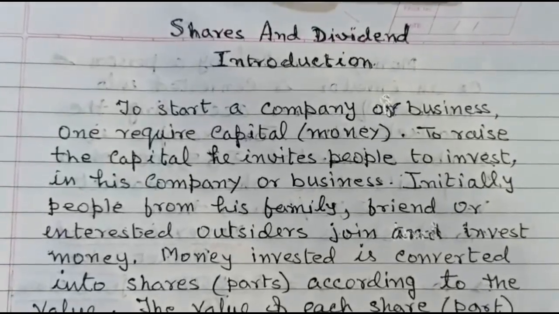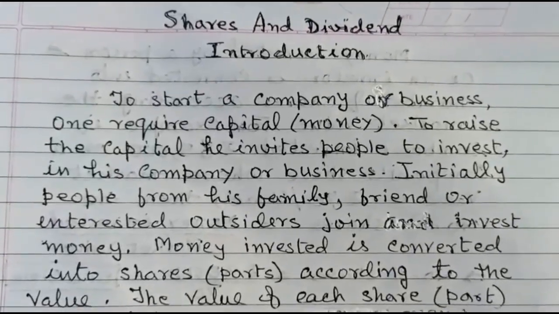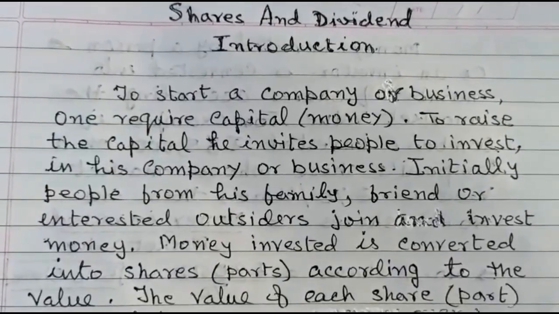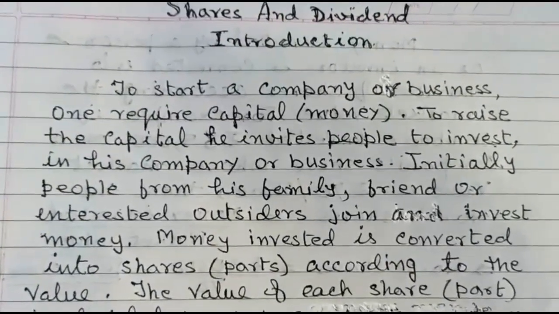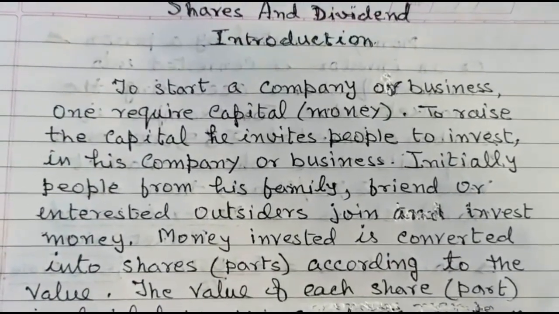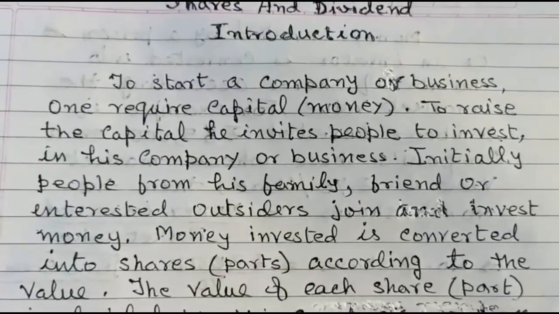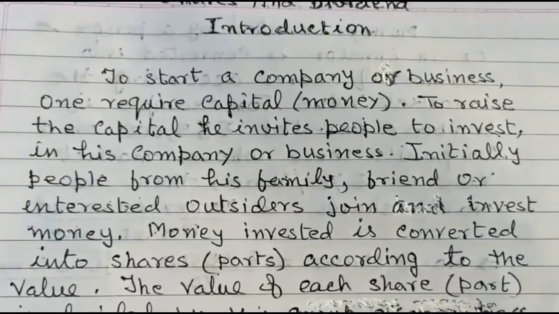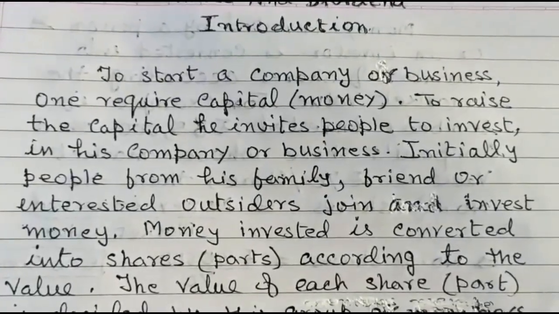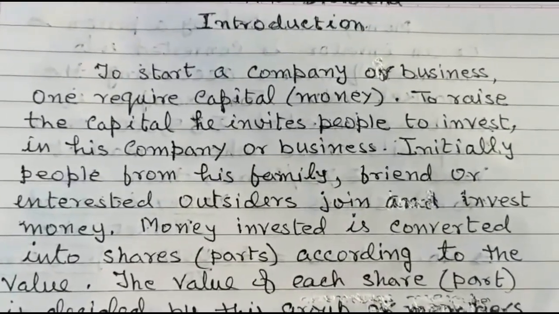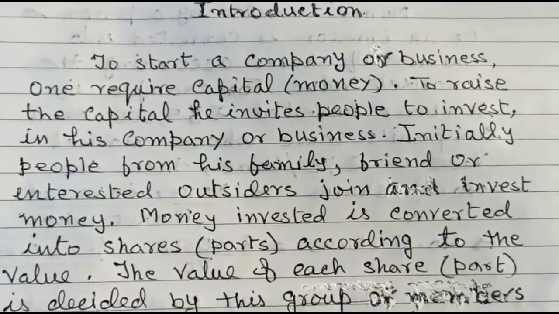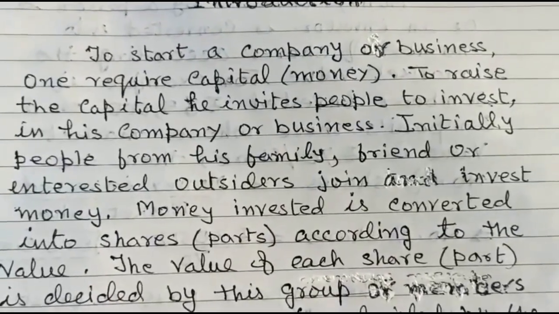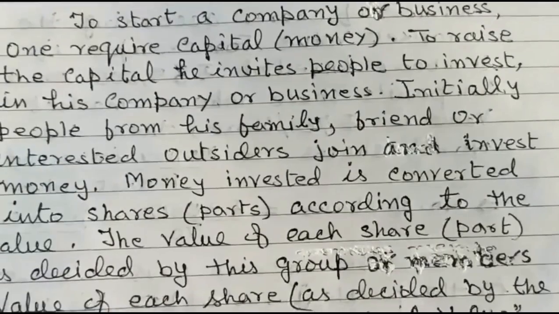Shares and dividend introduction. To start a company or business, one requires capital money. To raise the capital, he invites people to invest in his company or business. Initially, people from his family, friends, or interested outsiders join and invest money.